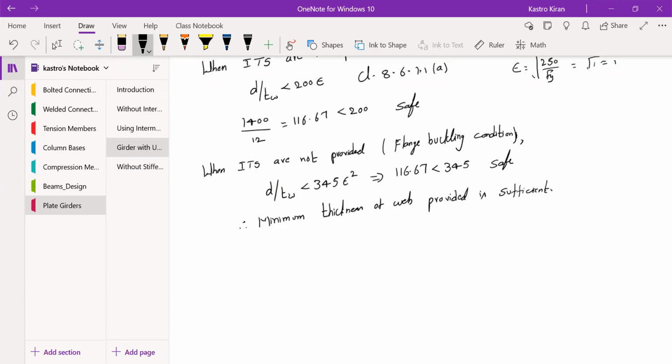Remember, when both the conditions are not satisfied, you have to change the thickness of the web based on the value you are obtaining. So this is the minimum web thickness requirement.